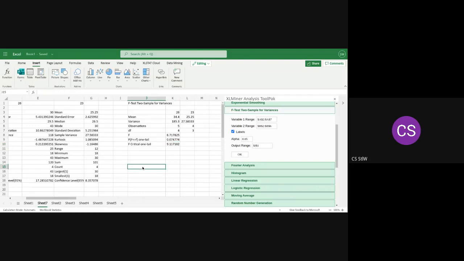H0, I don't know how I can write it here, but H0 stands for the null hypothesis. So in this case, you're assuming that mu1 is equal to mu2, which is equal to mu3.